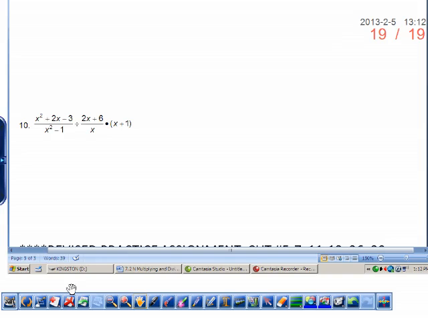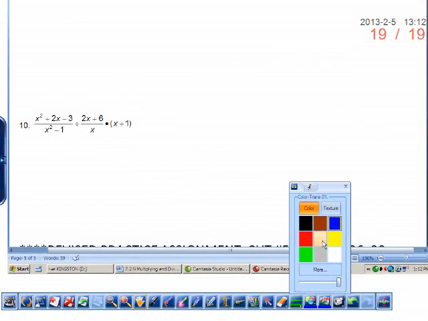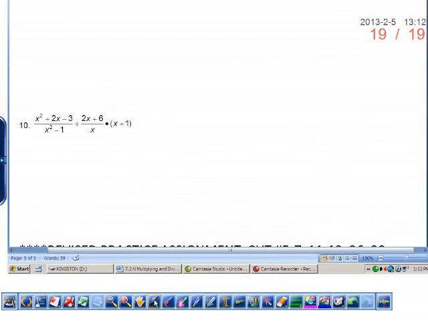All right, so look at number 10. When you've got more than 2 expressions being multiplied or divided, it's important that you remember that the division sign only applies to the expression directly after. Unless there's parentheses grouping stuff together, this division only applies to this expression right here.